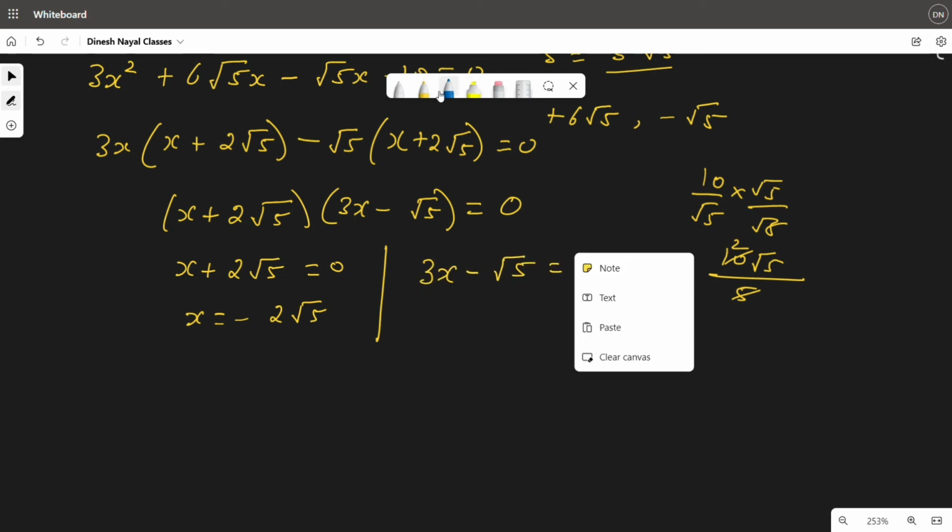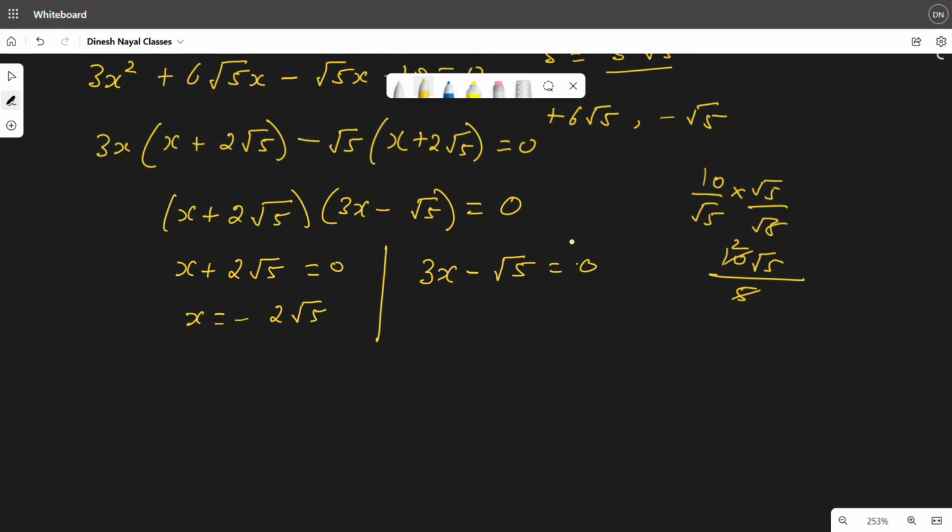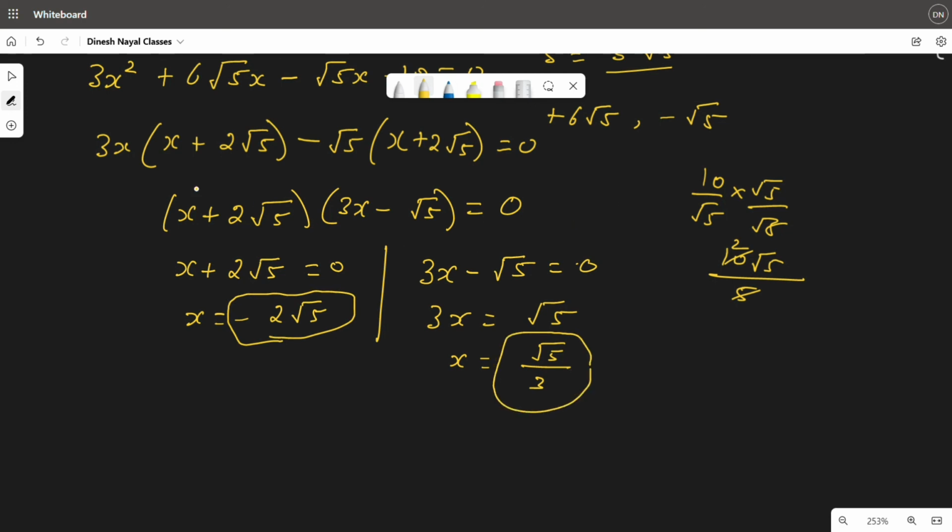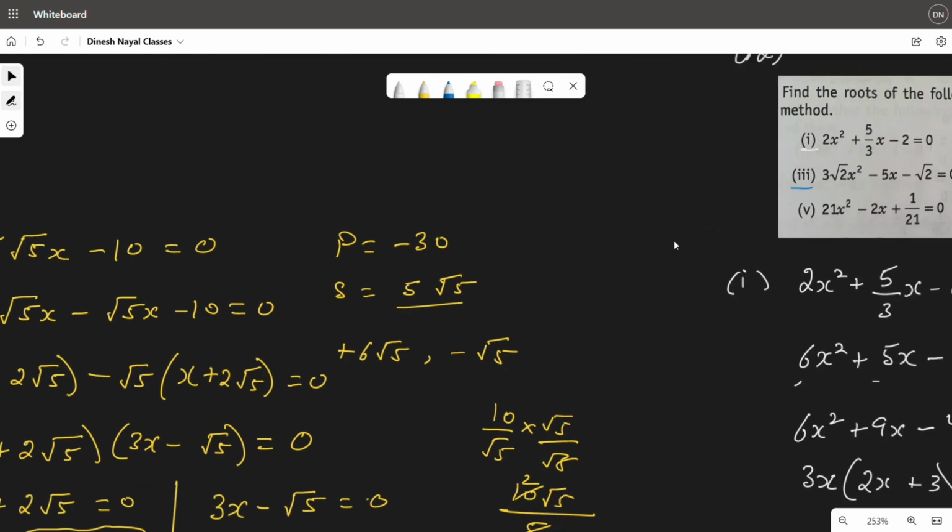This implies 3x equals root 5, so x is root 5 by 3. So these two, minus 2 root 5 and root 5 by 3, are the roots of the equation. Now moving on to the next part, which is the fifth part, I think the last part.